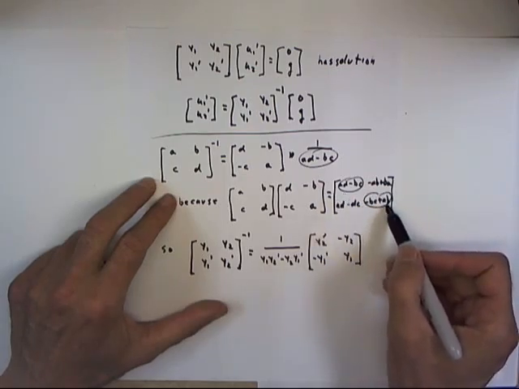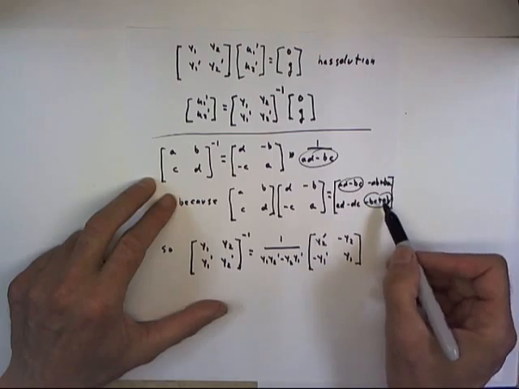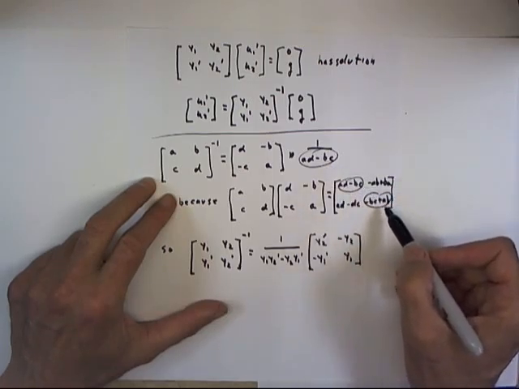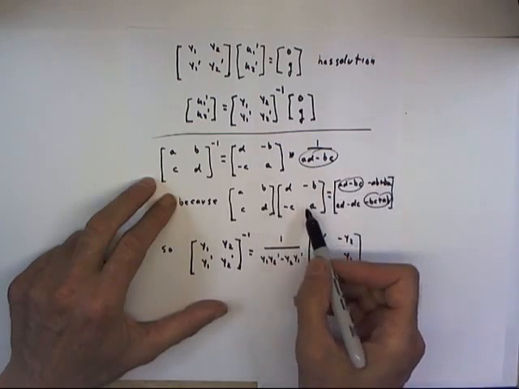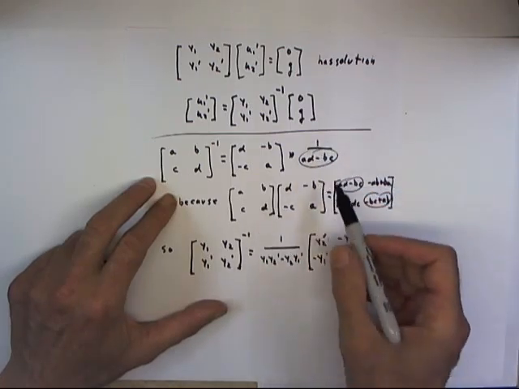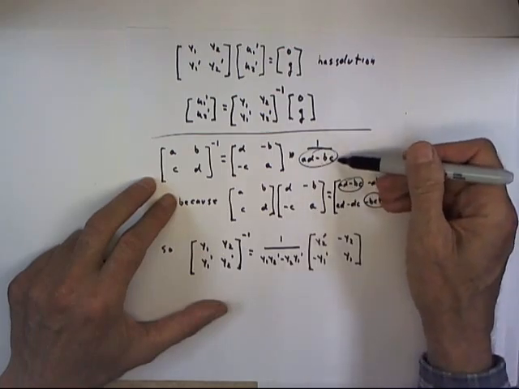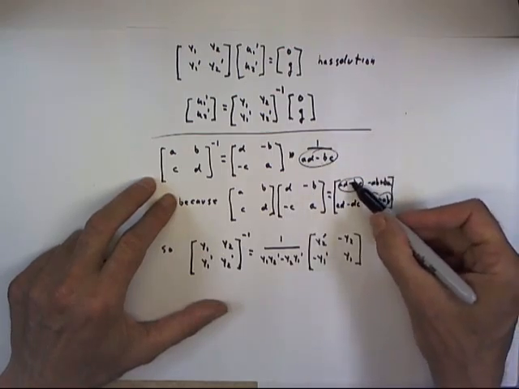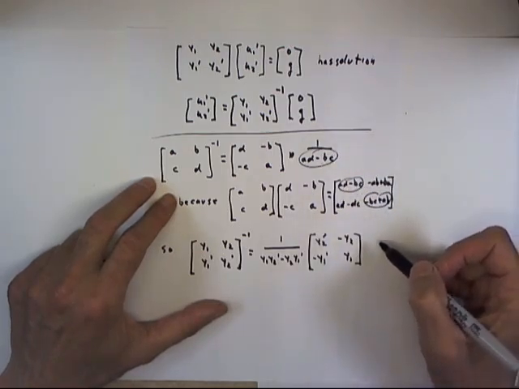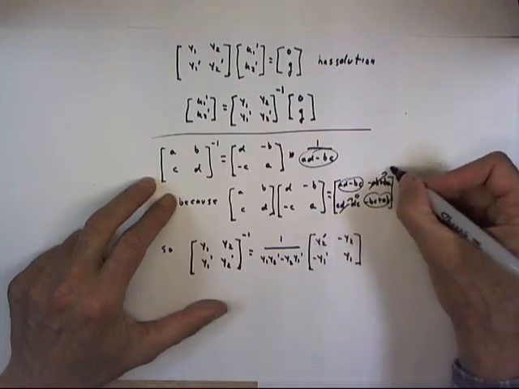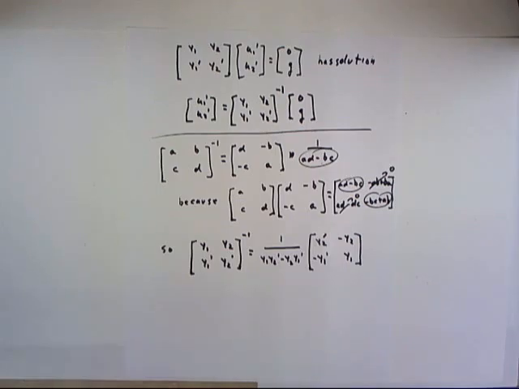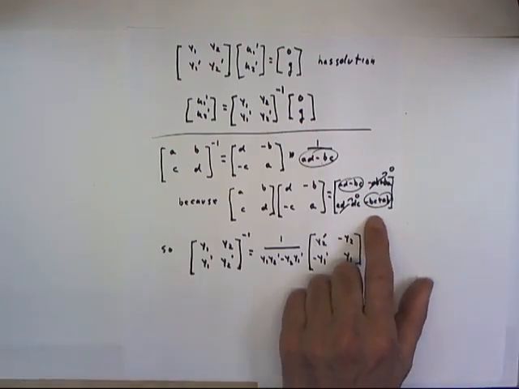We have negative BC plus AD, which is the same thing. So this and this are the same thing. Therefore, when I take this product and divide by this determinant, I get 1 here and 1 here. And these two terms give us 0, so that gives us 0 and that gives us 0. And we see that we end up with the identity matrix.